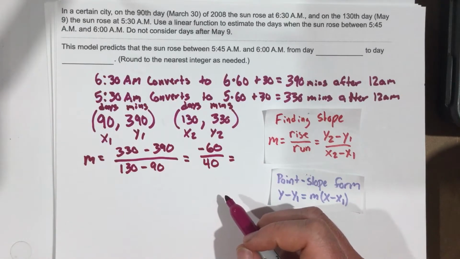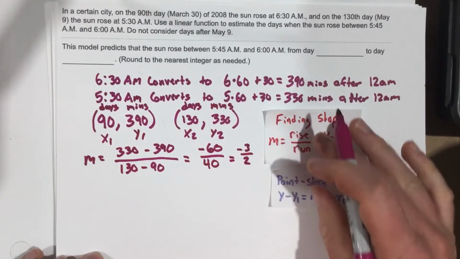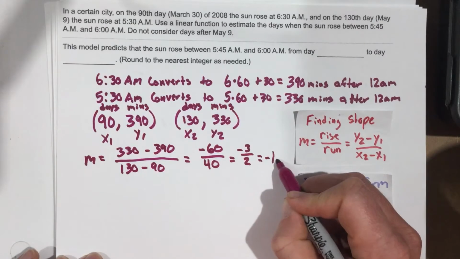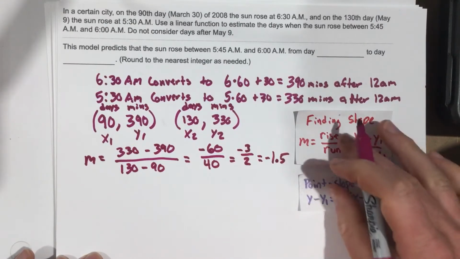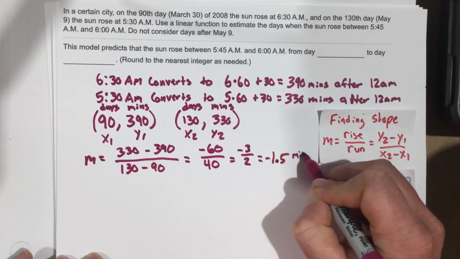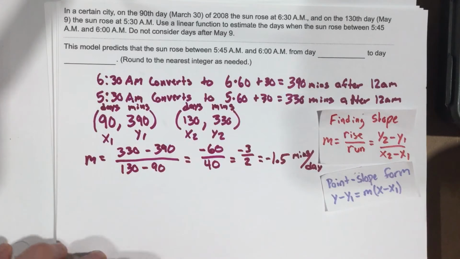If we divide both by 20, we get negative 3 over 2, or negative 1.5, because that works out perfectly. This is minutes per day.